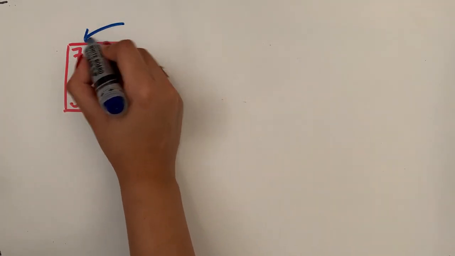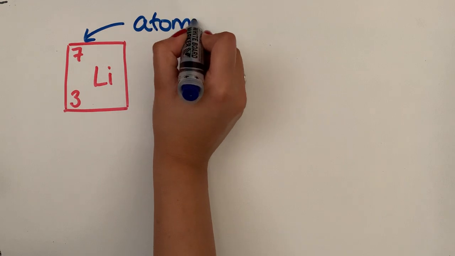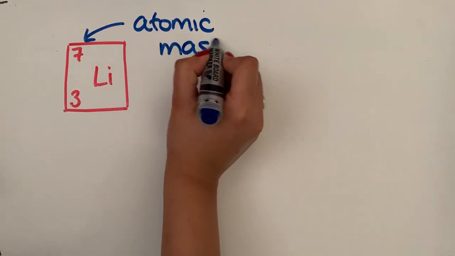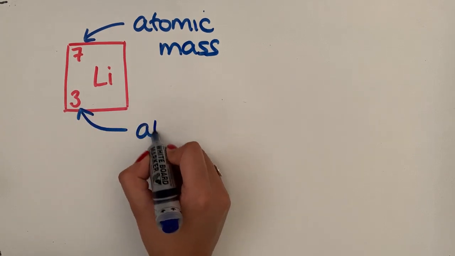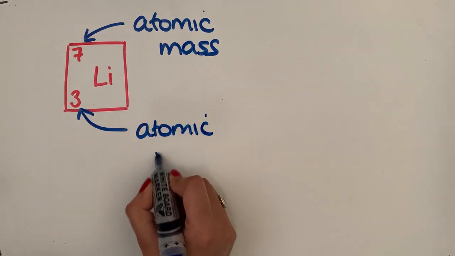With that, there are 2 numbers associated with it. You have a bigger number and a smaller number. The bigger number is what we call our atomic mass, like so, and the smaller number is always the atomic number.